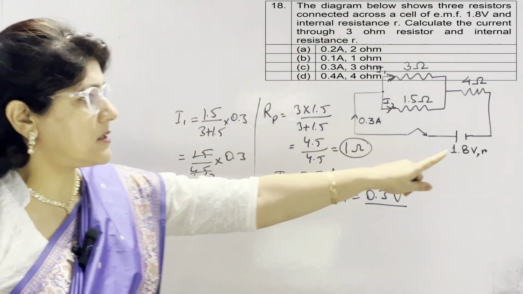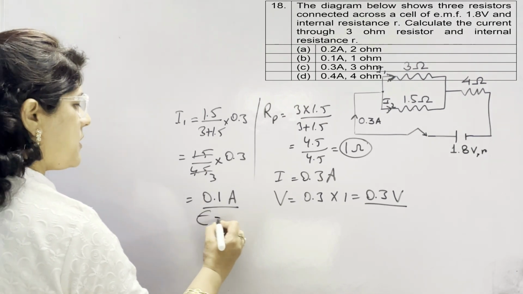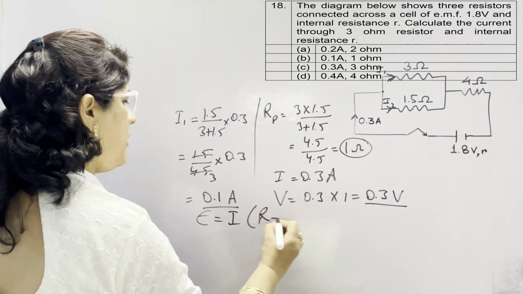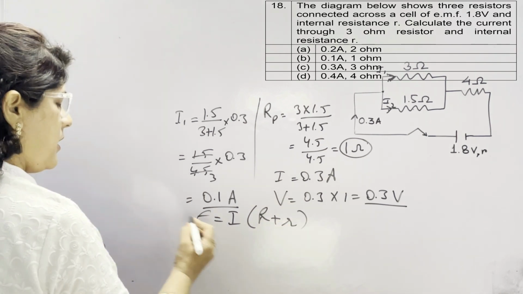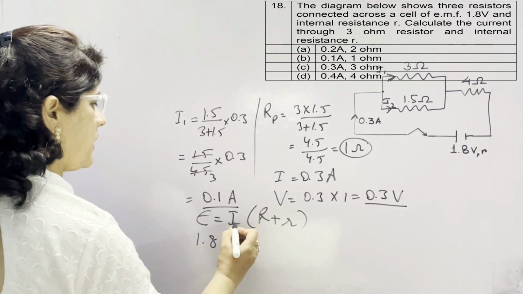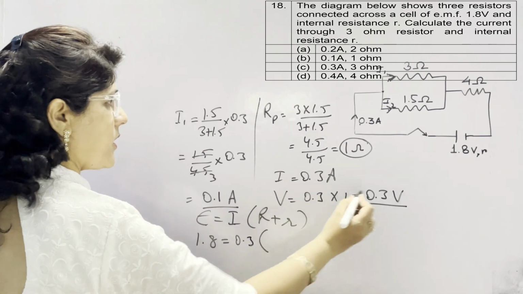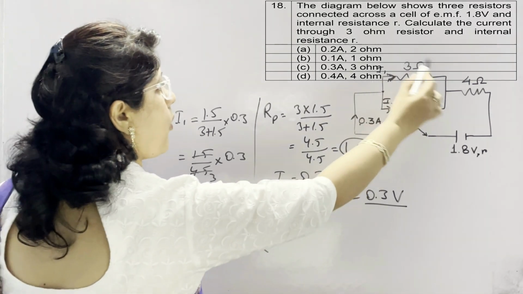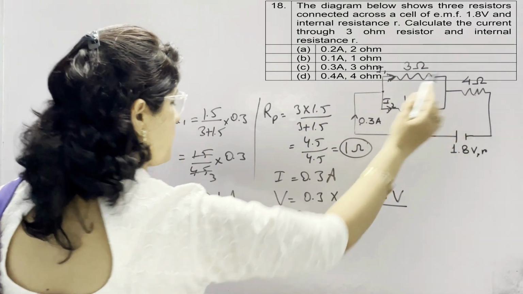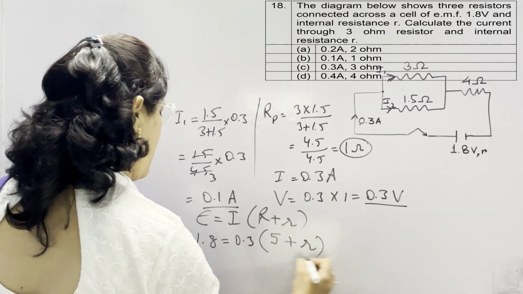Second part, they have asked us to calculate internal resistance. Now EMF is equal to I R plus internal resistance r. Now EMF is given in the question as 1.8, current given in the question as 0.3 ampere. Total resistance of the circuit is 1 ohm of this parallel combination plus this 4. It means 5 ohm is the total resistance and small r.